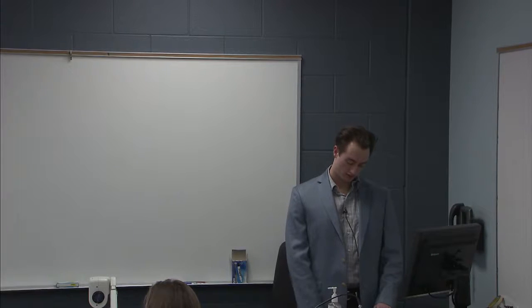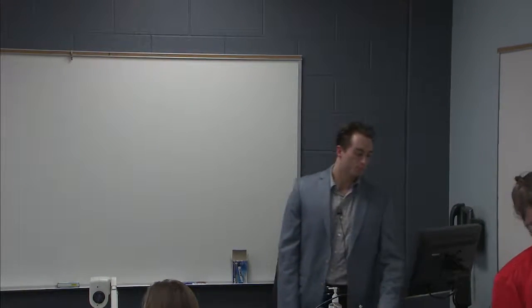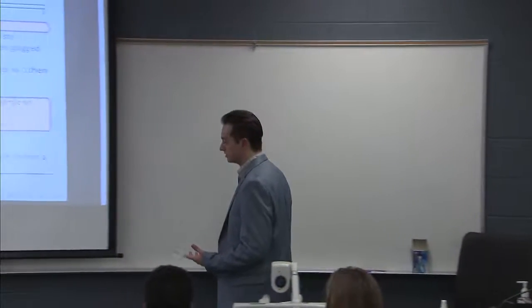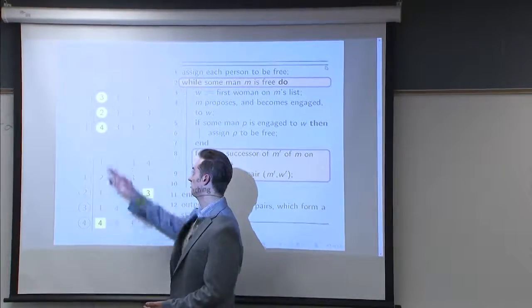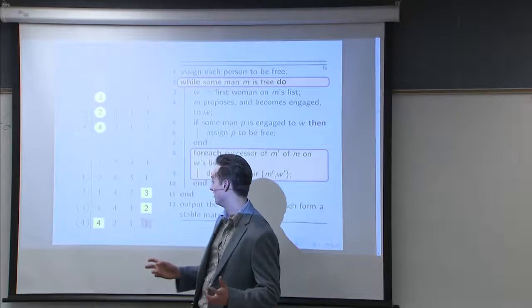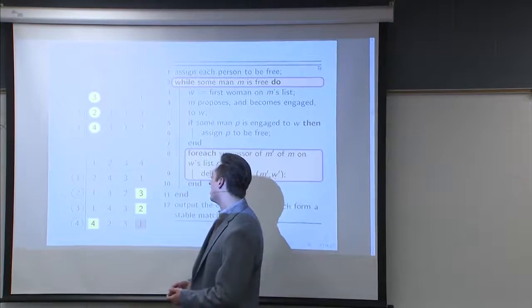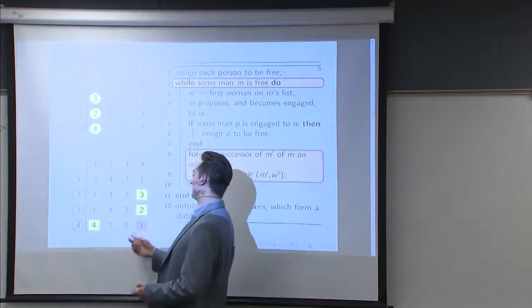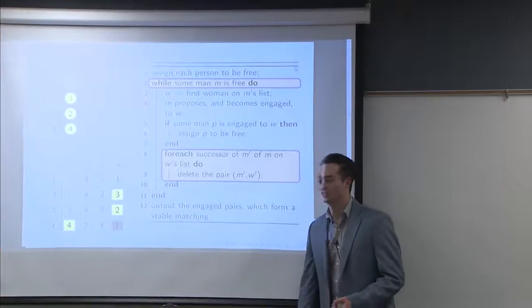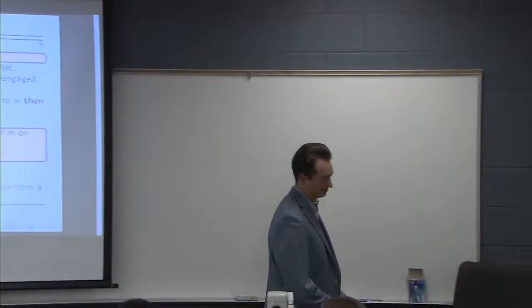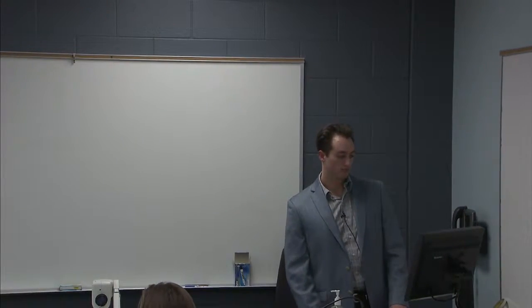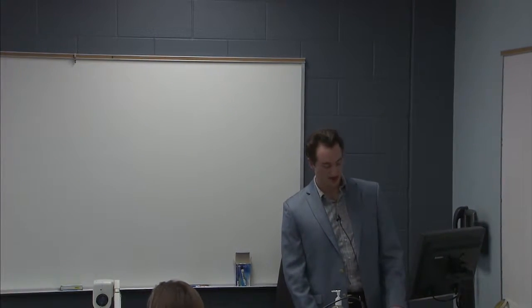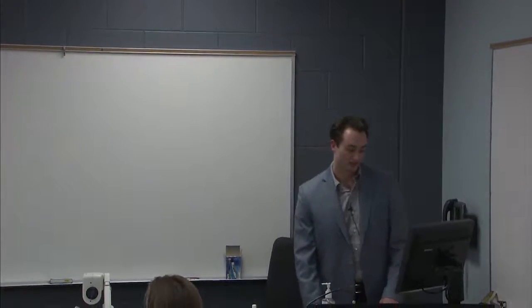So we freed this man, and because women can only trade up and men can only trade down, I guess you could say, we're going to delete every other possible pair with those men. So we have a free man now, so we've got to start over.